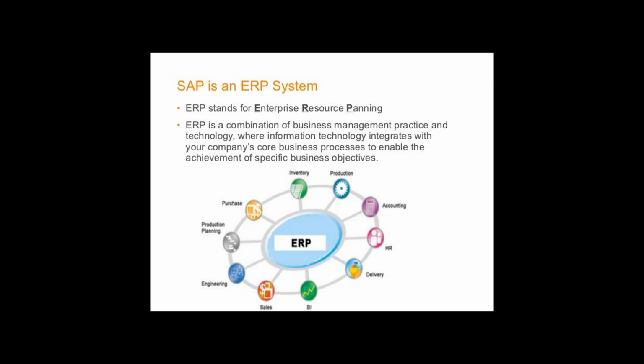For example, every organization has some resources like men, material, money, machinery. These are generally called the 4 M's, the major resources of any organization to survive.